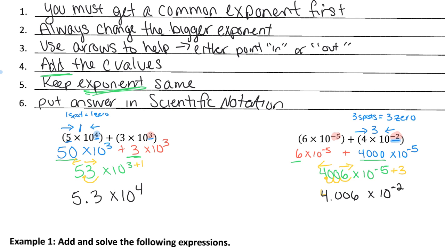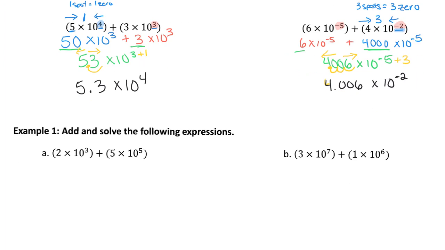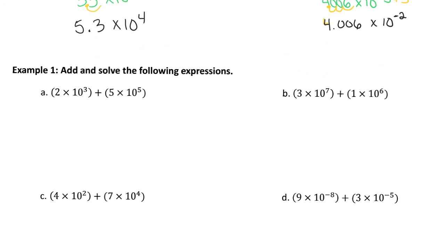All right, so we're going to do 2 more together. We're going to do them kind of quickly. We look at our exponents, 3 and 5. We always change the bigger number. 5's bigger, which means we make this 2 spots. So we add 2 zeros. We make our exponent the 3.